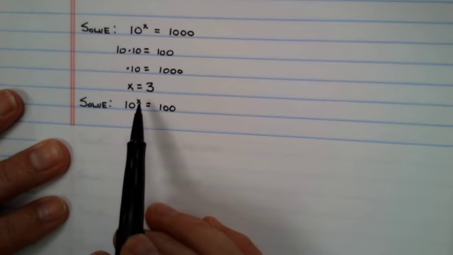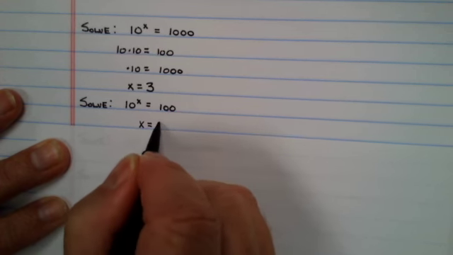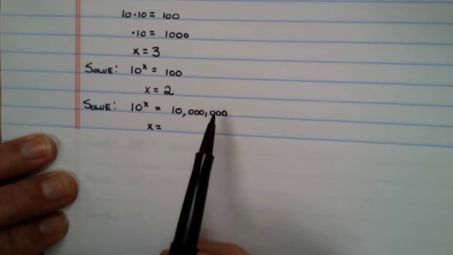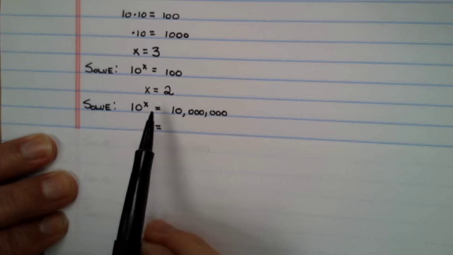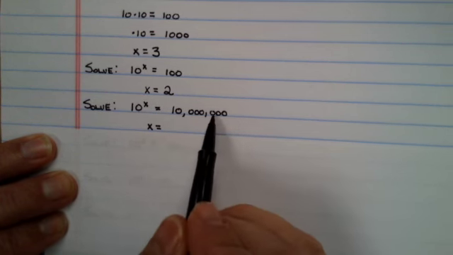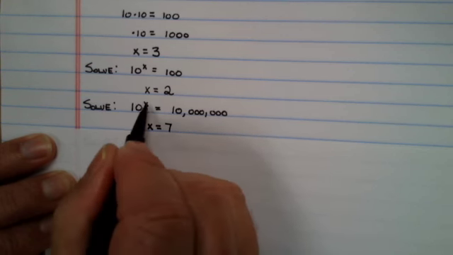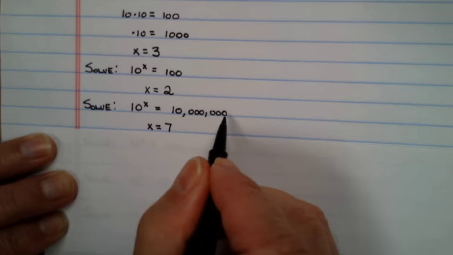What exponent goes right here? The only thing I have to do is look over here and see how many zeros I have. X is equal to 2. I'm going to use that same trick on this one. X is going to be equal to, the only thing I have to do is count the zeros over here, and I'll get what power I need to raise 10 to get this number right here. 1, 2, 3, 4, 5, 6, 7. 10 raised to the 7th power is this number right here.